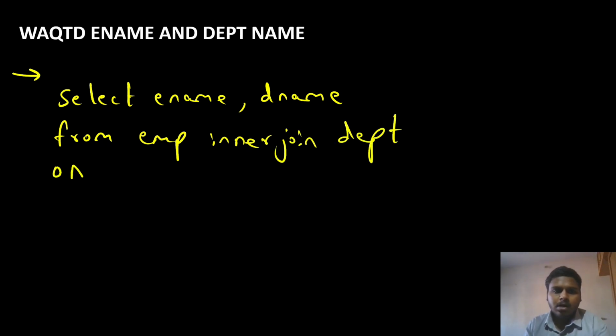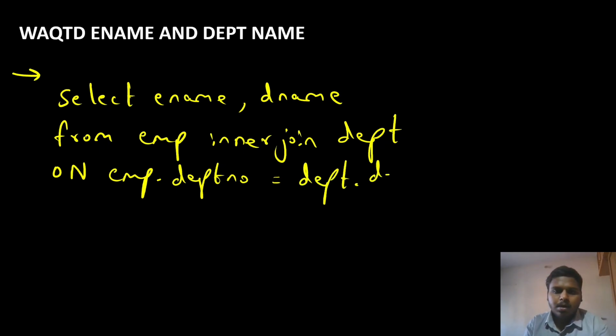On table name 1, column name, EMP dot department number is equal to DPT dot department number. This is how we will write the query. Wait a second, it's not a hyphen, it's a dot. EMP dot department number equal to DPT dot department number. This is how we write the query.